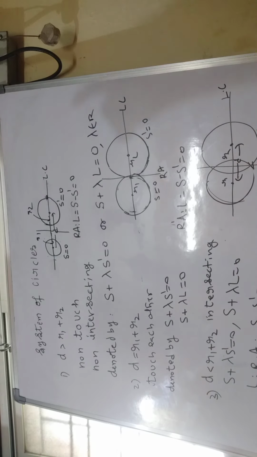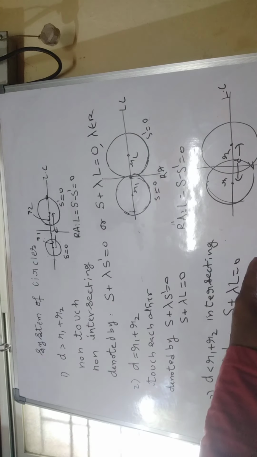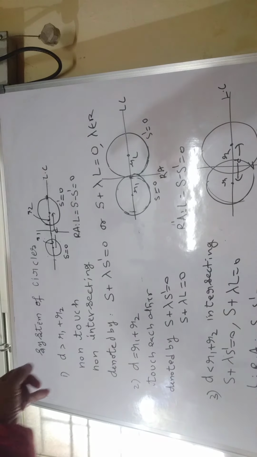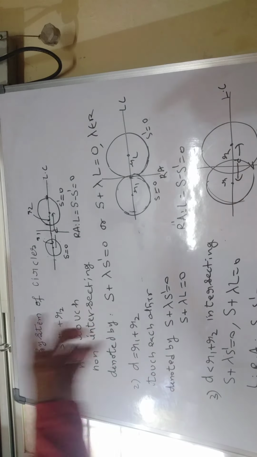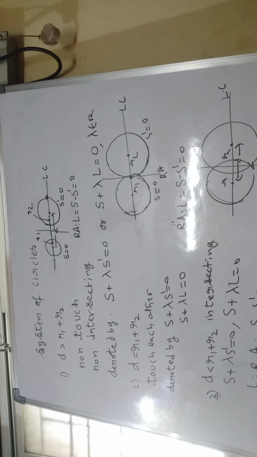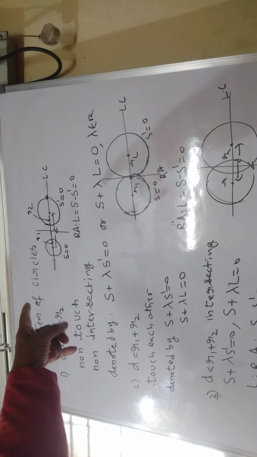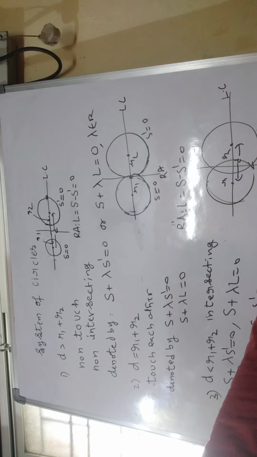So there are three: non-intersecting, non-touching; touching each other externally; and intersecting each other. In all three cases, the line of centers is there, joining all the centers, and the perpendicular bisector of the centers of the parent circles will give you their radical axis; here radical axis and common tangent, here radical axis and common chord. The formula is S minus S dash is equal to 0.